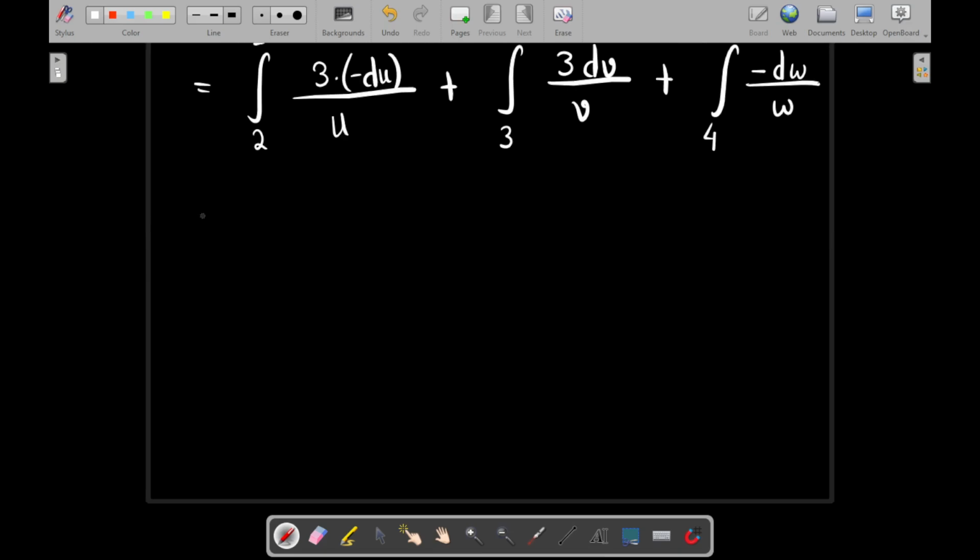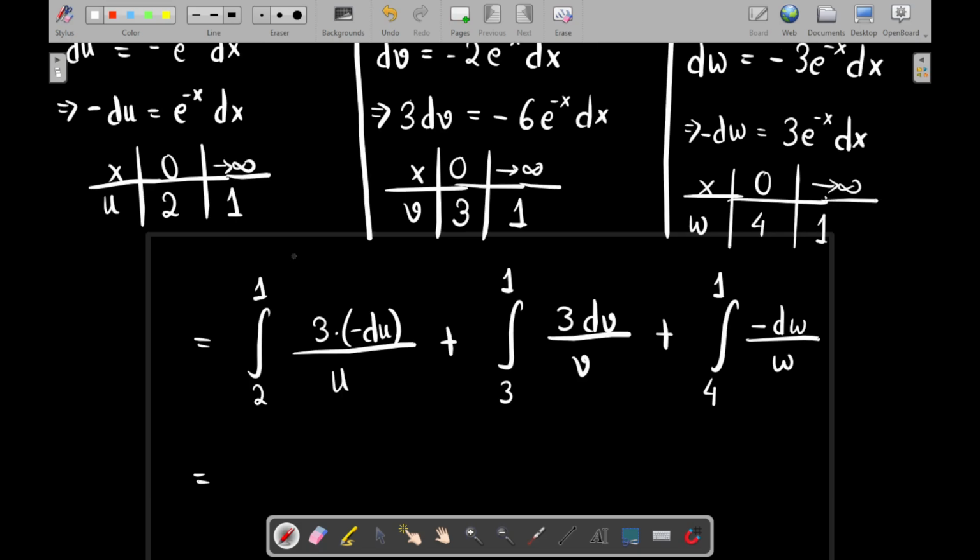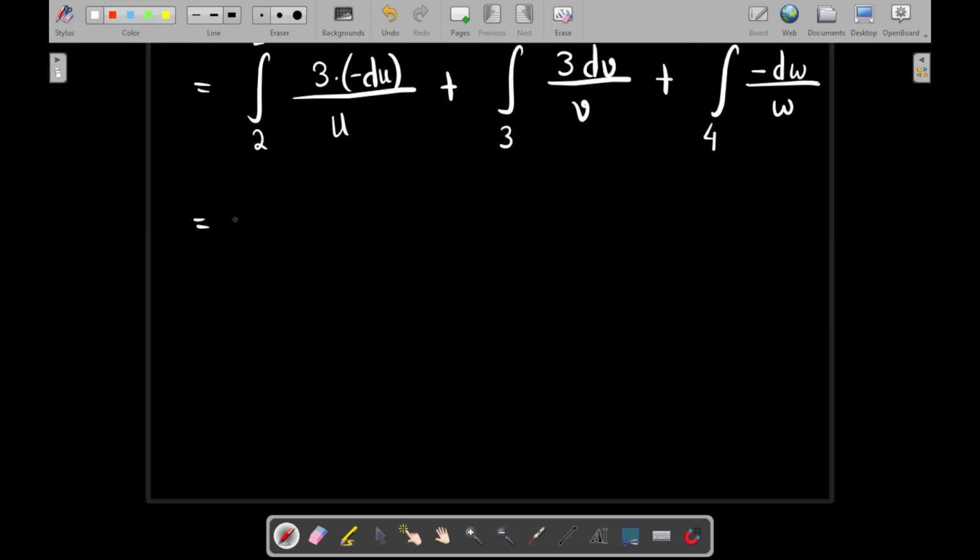For the first integral, since there is a minus sign here, I can change the order of the limits. This minus sign will vanish, so the first term becomes 3 times the integral of du upon u, as the integral goes from 1 to 2.